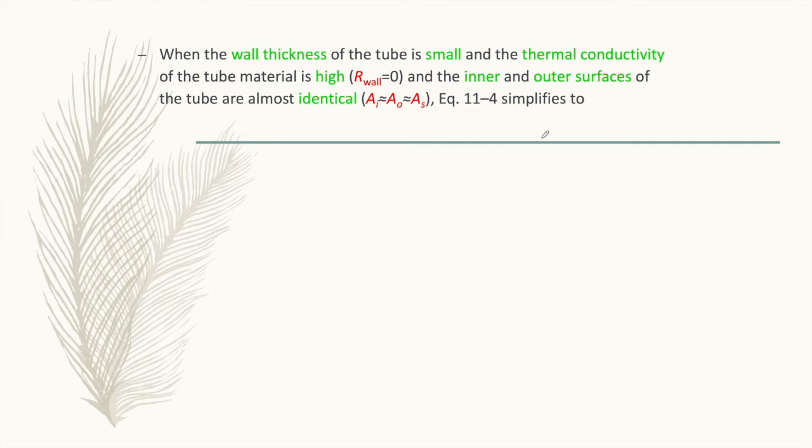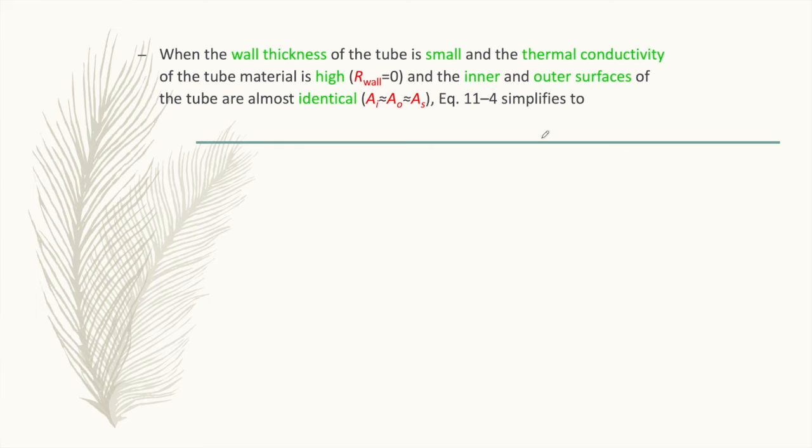When the wall thickness of the tube is small, thin, as you can remember from the previous example, we are dealing with small thin tubes where the inside diameter is equivalent to the outside diameter. That is our assumption. At that point, the wall thickness is negligible.